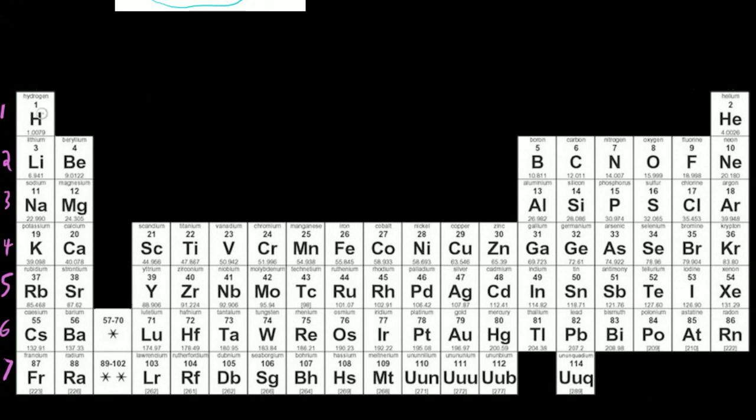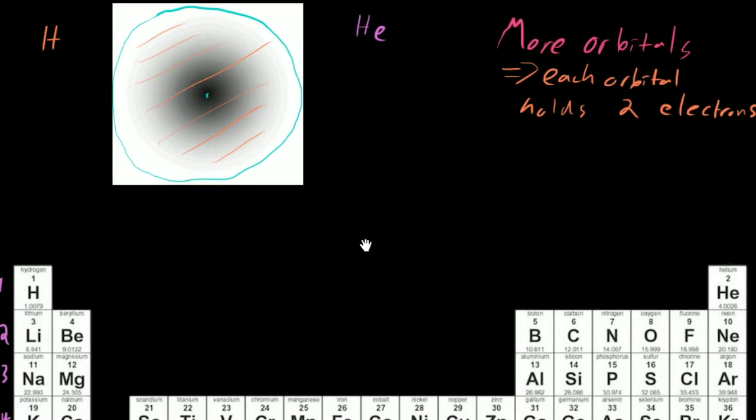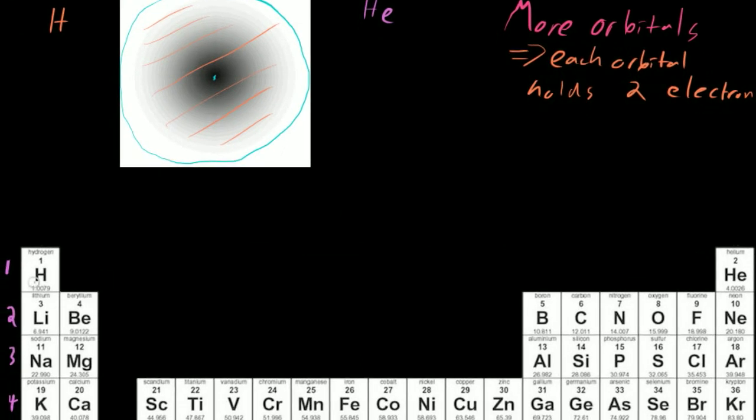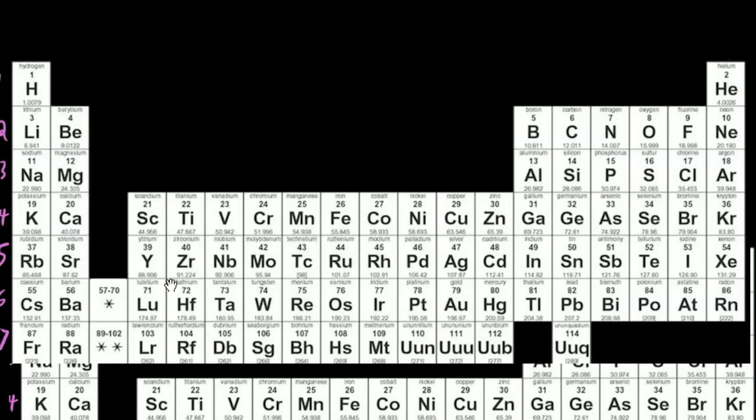And that makes sense, right? Because we've only got 2 elements in our first period, and 2 electrons can fit into 1 orbital. So this first period only needs one orbital in order to hold all the electrons that it needs to.